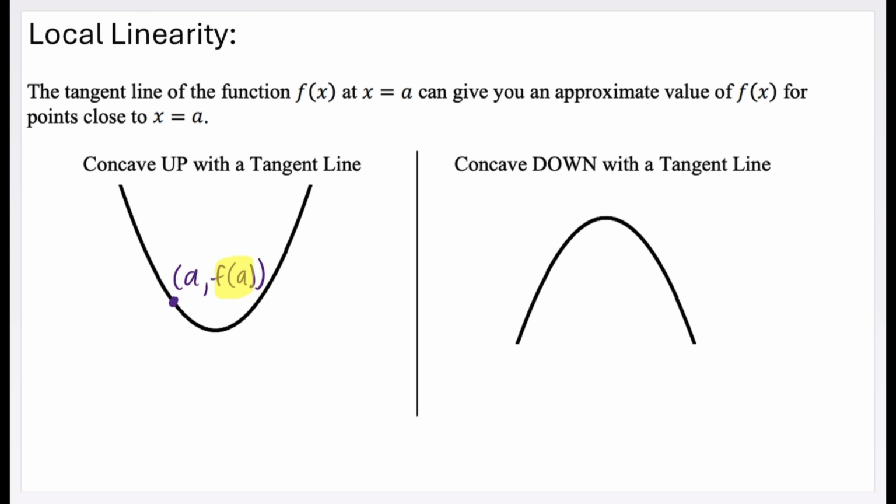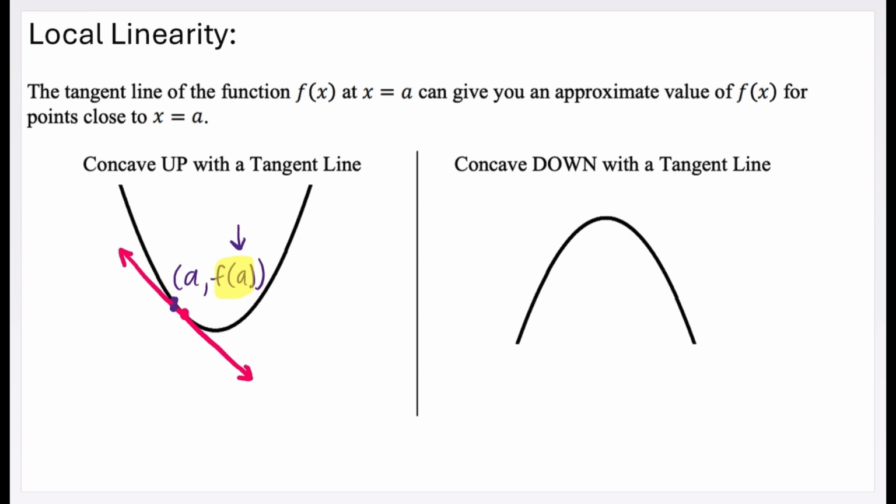But what we do know is the equation of a tangent line at a point really close to a. So this line right here is a tangent line to the graph at a point really close to a. And we're going to use the value at a on this line to estimate what the output is at a.